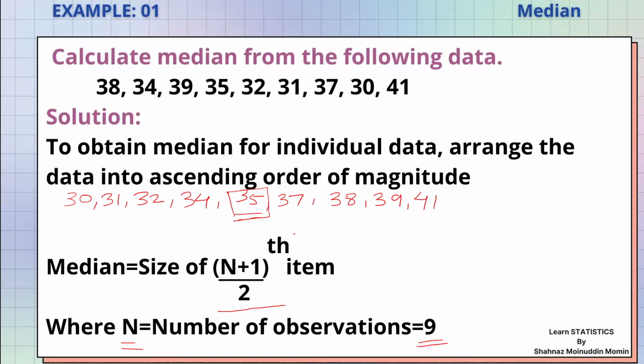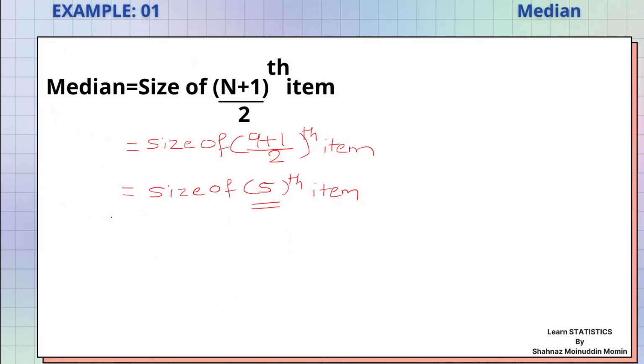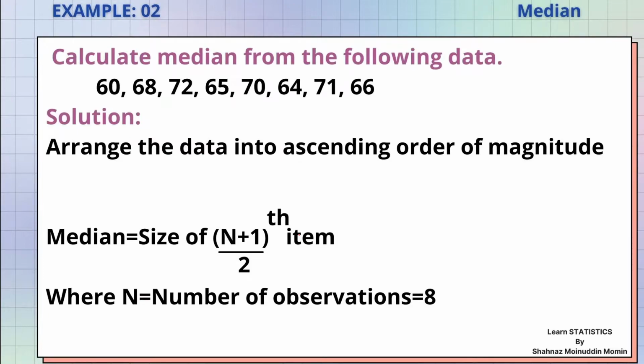Hence median is 35. So median equal to 35, the 5th number in the arranged data. In this way we calculate the median in individual data. Let us see one more example for the individual data.